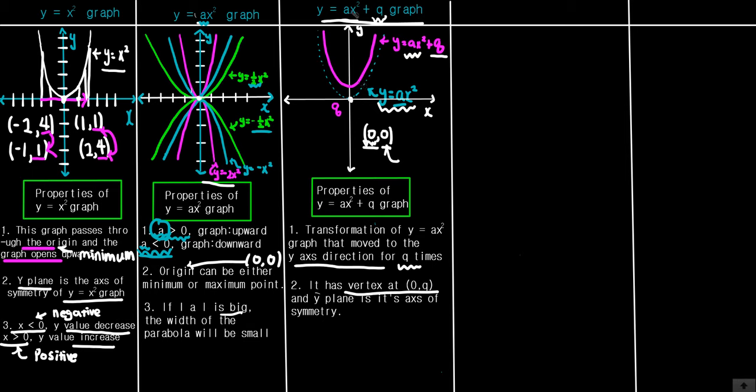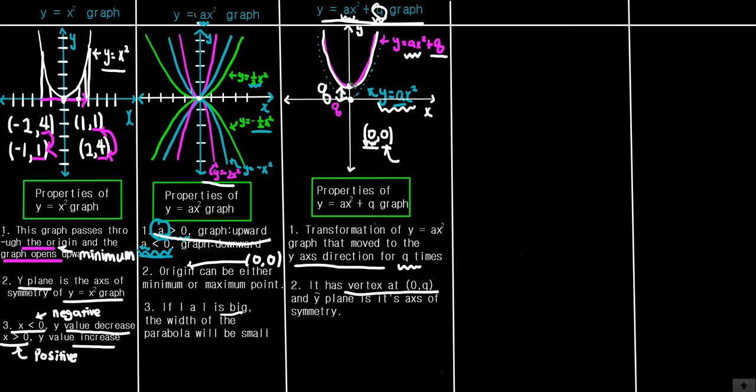Let's think about the case when a is positive. When a is positive, as we have learned, the graph goes upward, which is exactly this case right over here. If we move it by q, and let's say q is positive, the distance between the origin and this point will be q.